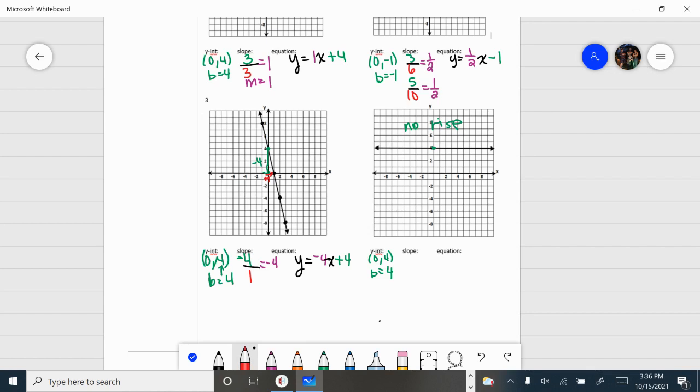But for my run, I pick a couple of points on the graph. If I go from my y-intercept to this point right here, that is a plus 5. So when I do 0 over 5, I'm going to get 0.